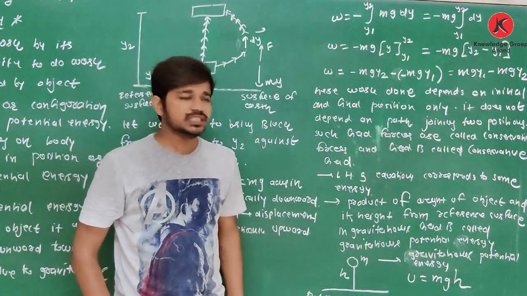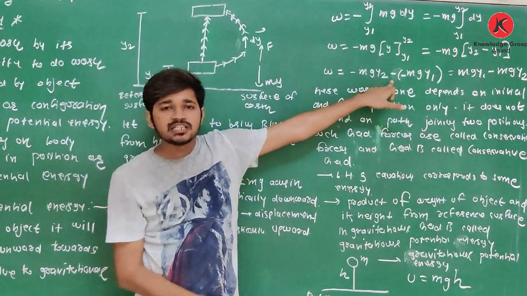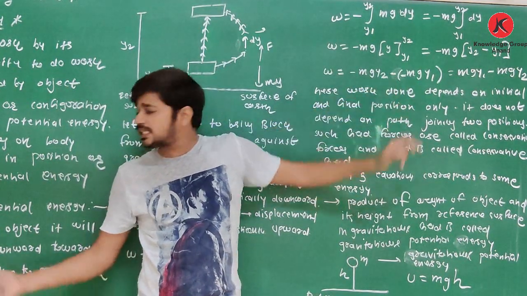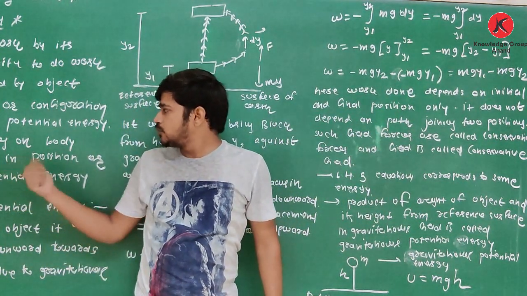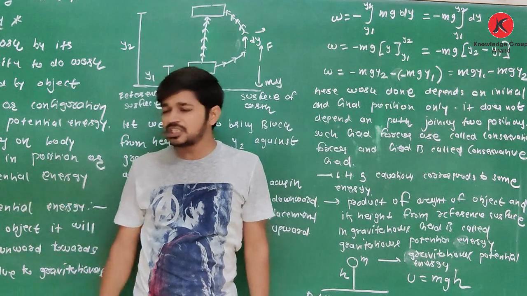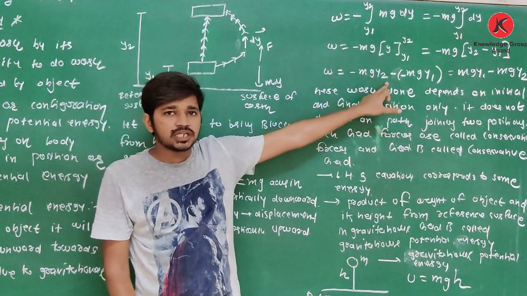It is called change in potential energy. See, here we have a statement that if a force is acting on a body, then due to change in position or configuration, potential energy also changes. So yes, W is equal to the change in potential energy.